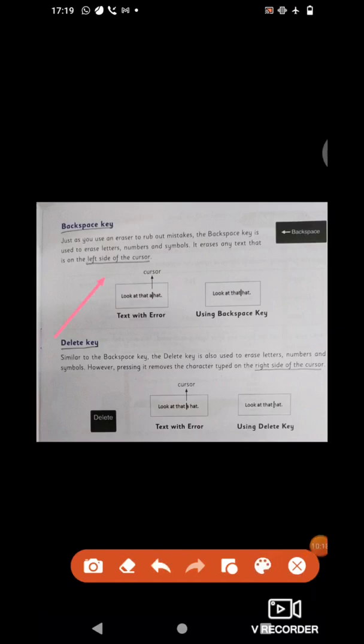See the backspace key, left side of the cursor, here is the cursor. The A has been removed and the cursor moved towards the left.